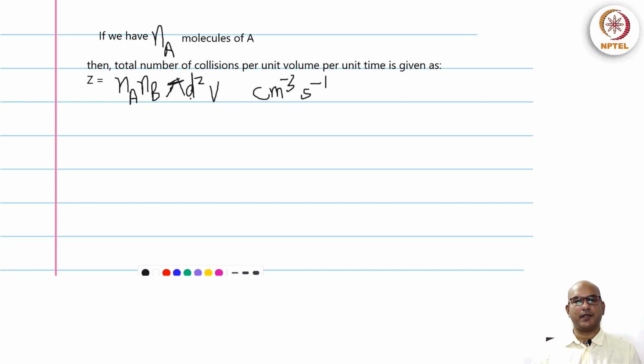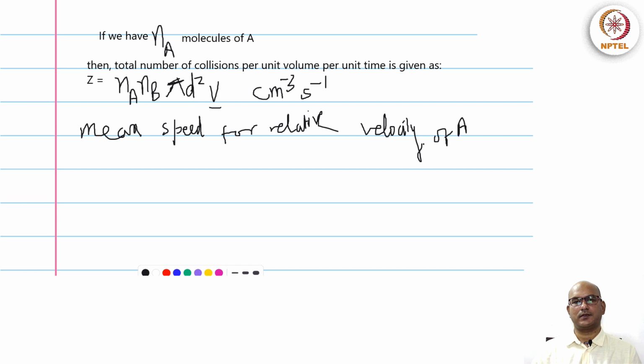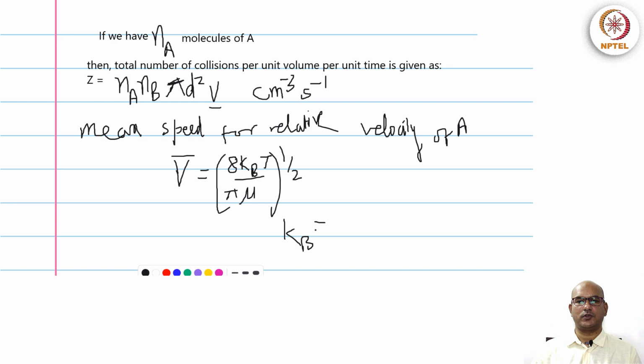Okay. The mean speed for relative velocity of A with B is given as 8 kB T by mu pi to the power 1 by 2, and kB is Boltzmann constant.